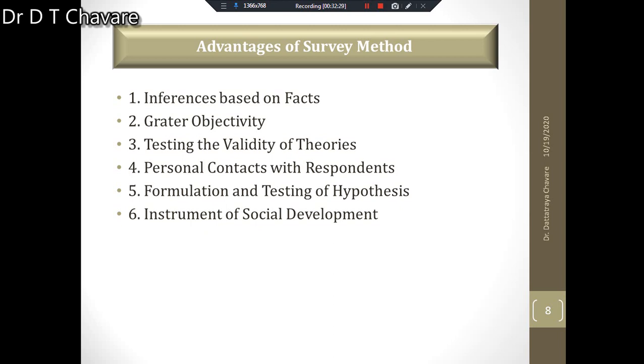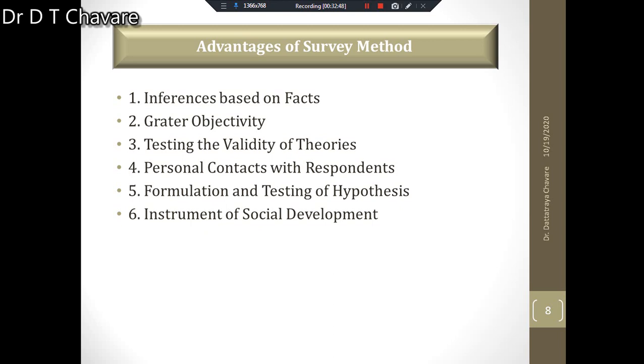Ground reality is also important, and that ground reality should be recorded in research, and it can be possible in survey method because personal contact is possible and real information collection is also possible.